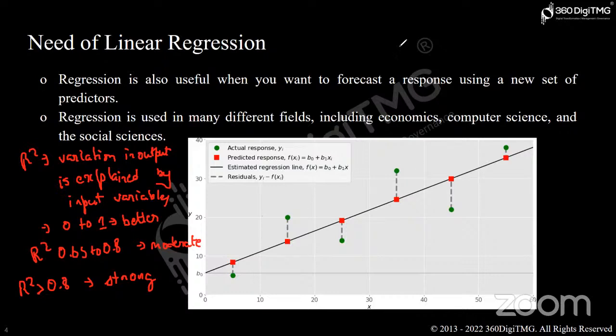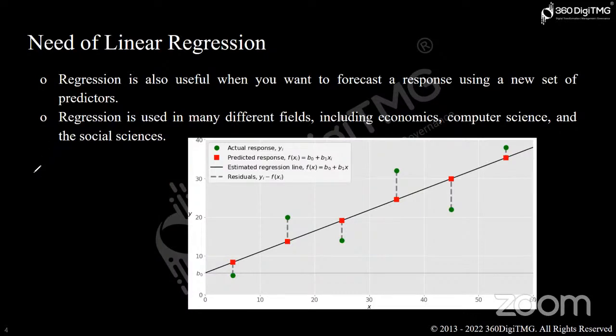Okay, so let's see how it is calculated. Here we are taking the sum of squares of residuals, that is, our predicted y value minus the mean value of y, and we are taking the square of it.